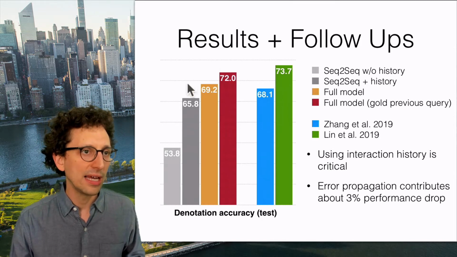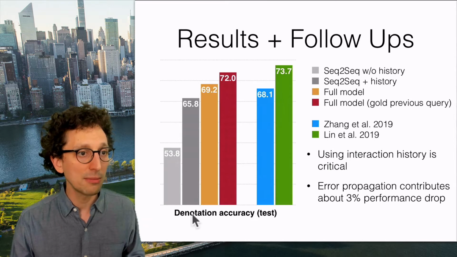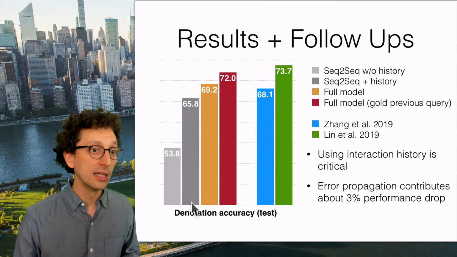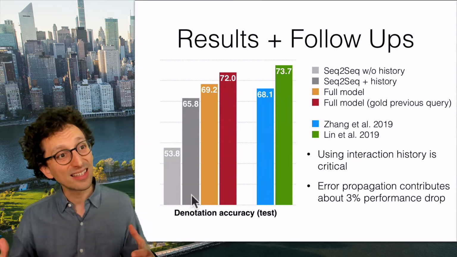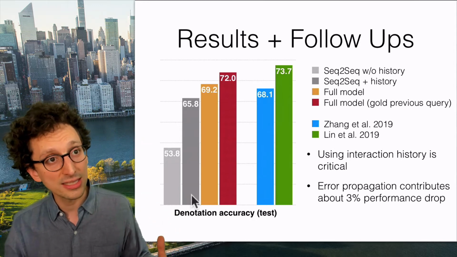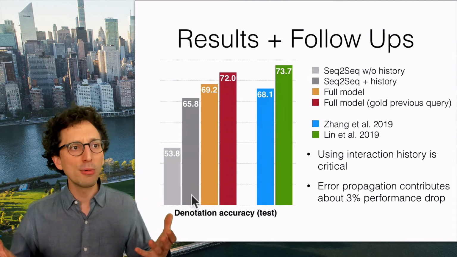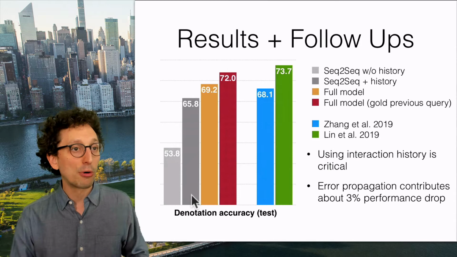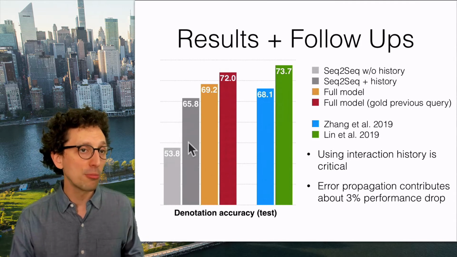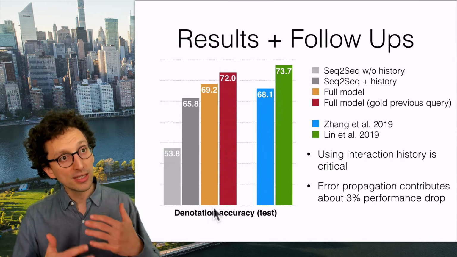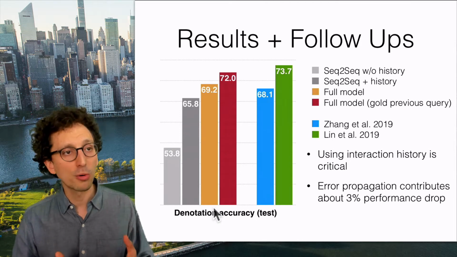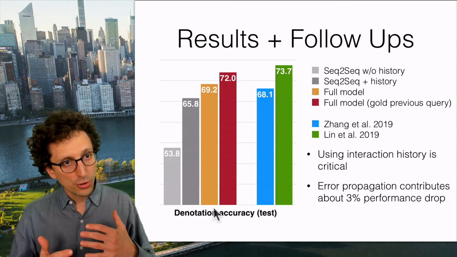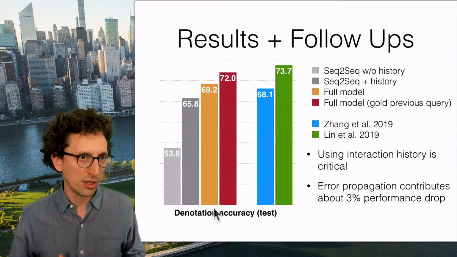Once we give a sequence-to-sequence model access to some level of the interaction history, in this baseline by simply concatenating some of the previous utterances with the current utterance, performance jumps significantly, by about 12 points. Our full model significantly outperforms this approach by copying from the previous SQL queries and also carrying information throughout the interaction. So we can already see that using interaction history is critical.